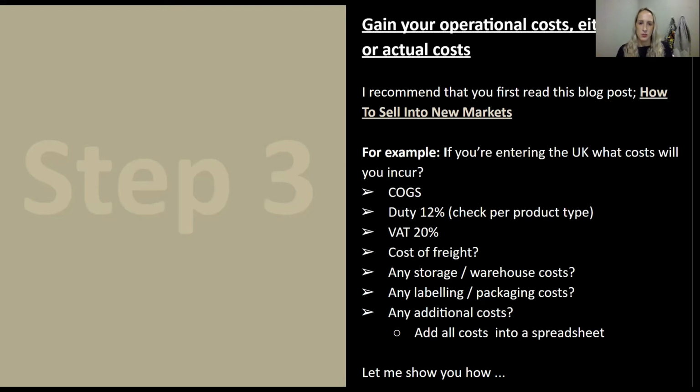Duty in whatever country you're going into, VAT taxes for whatever country you're going into, the freight, the storage, warehouse costs, labeling costs, packaging. So this is every single cost involved in producing, shipping, and delivering that product. You now need to know these to actually find out if your pricing is going to be both competitive as well as profitable. So let me show you this step.